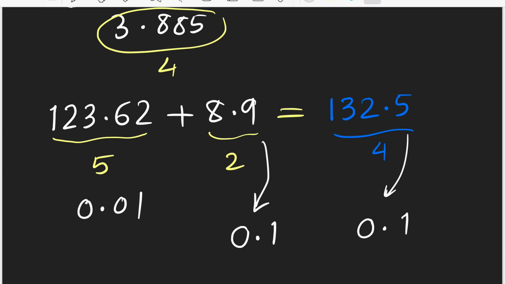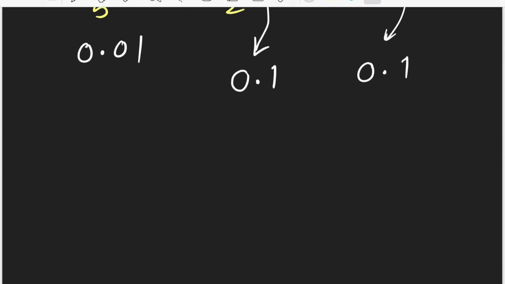Sometimes we deal with very large or very small numbers. In such cases, we use the scientific notation as I explained in my previous lectures. But the rules I mentioned for uncertainties are still valid.